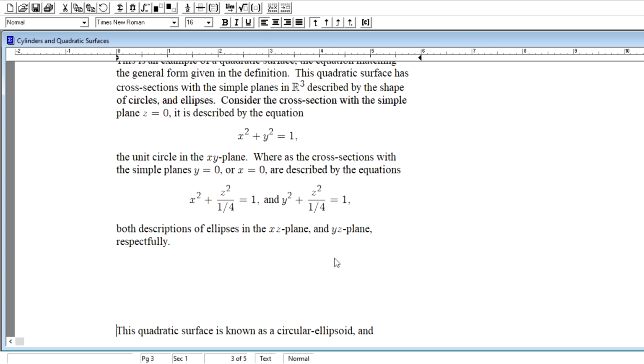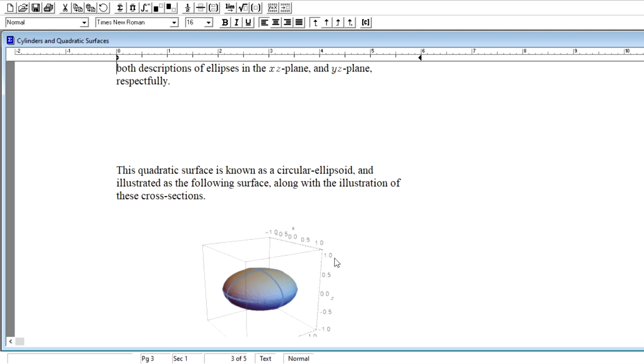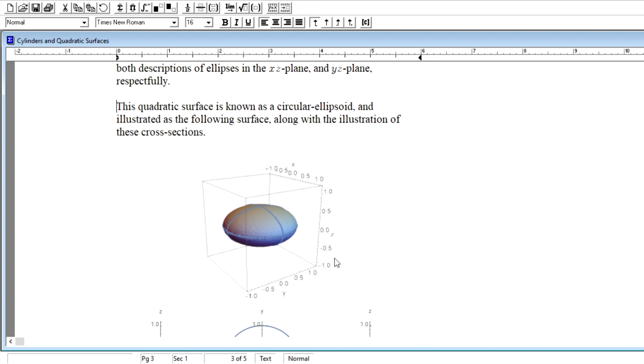But if we look at these overall in terms of their description of shape and combining those descriptions of the conic sections, we can start to visualize our surface seen here, where we see those two elliptical shapes happening with respect to x and z and y and z respectively.